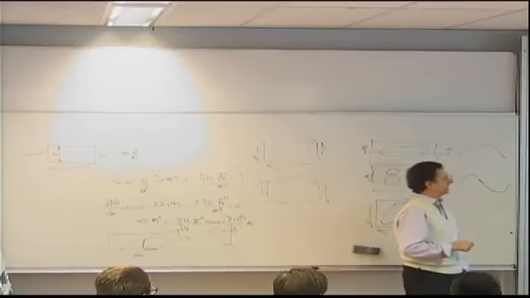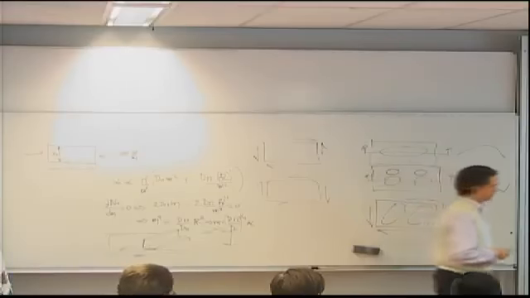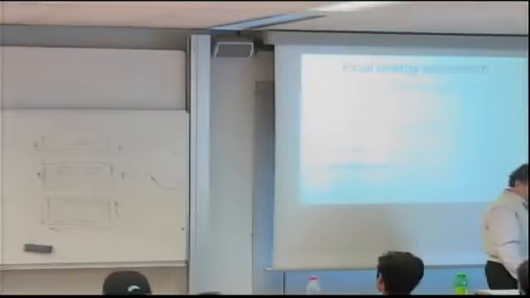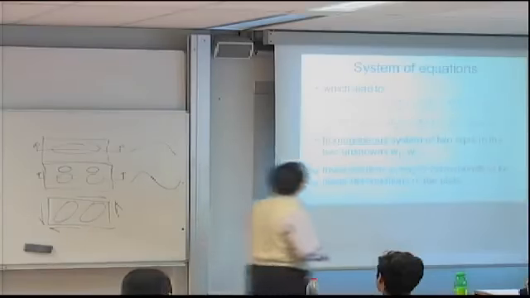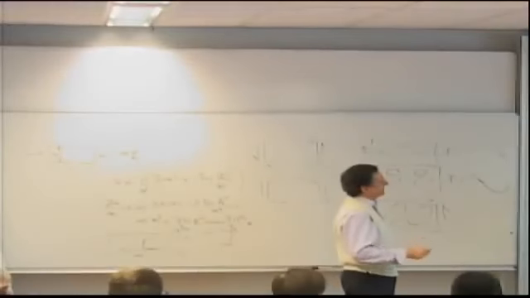What we need to do is take the derivative of the energy with respect to W1, set it equal to 0, with respect to W2, set it equal to 0, and see what we get. So the derivative with respect to W1 gives us one equation.